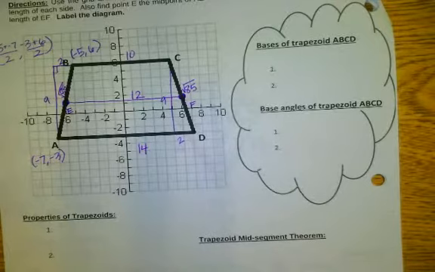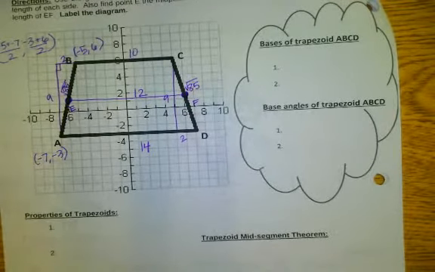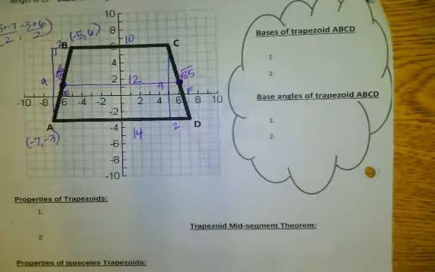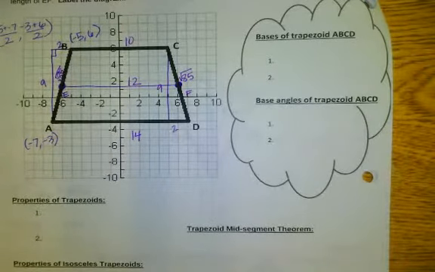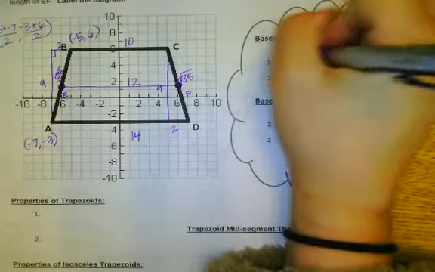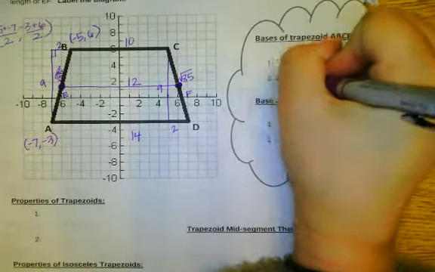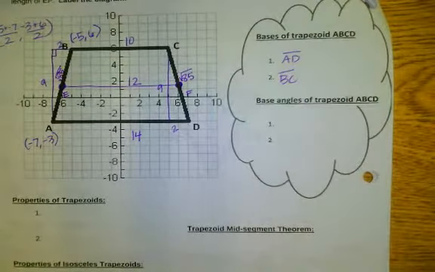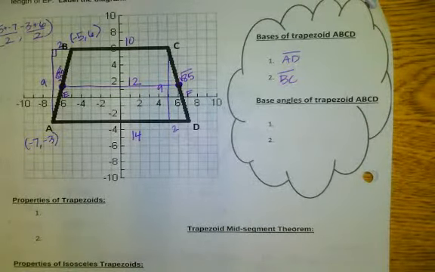Okay. Bases of a trapezoid ABCD. Okay, so what is one of our bases of this trapezoid? AD. And what is the other one? BC. These need to be labeled as segments. Okay, so proper notation, they should have a bar across the top. They are segments.